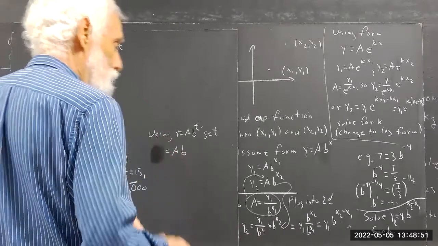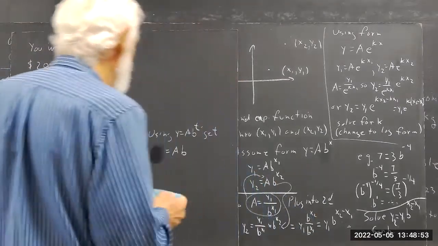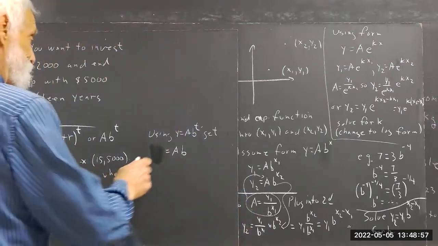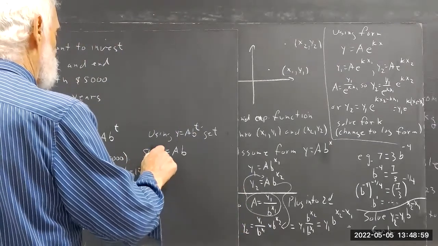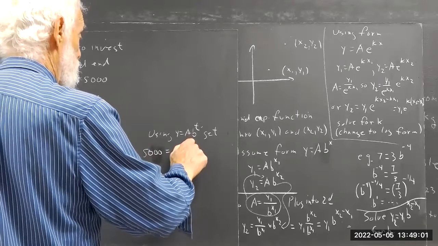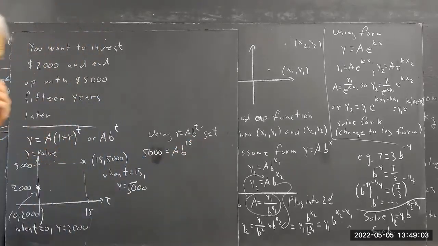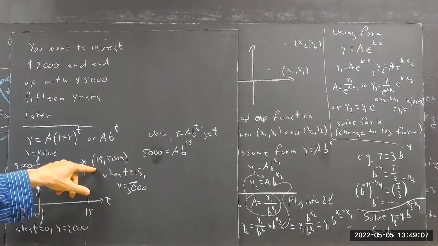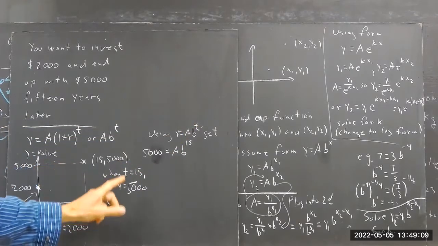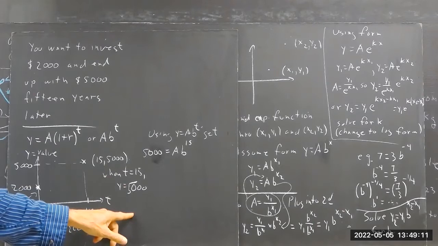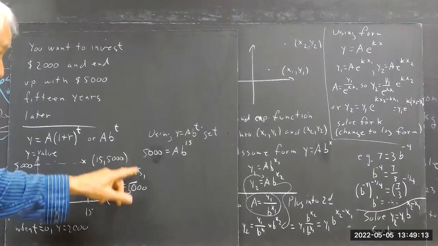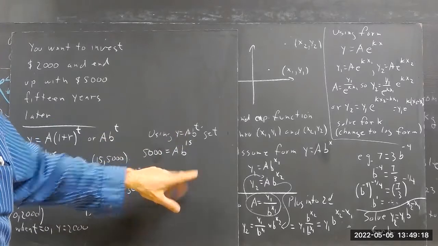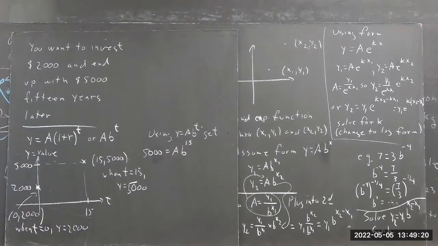I certainly know the difference, but when I look quickly, I just got to watch myself. Okay. Y is 5,000 and T is 15, right? Exactly what I wrote. When T is 15, Y is 5,000. So if I'm looking at what I wrote, I can tell what goes where, and I can check and make sure it makes sense. Okay.